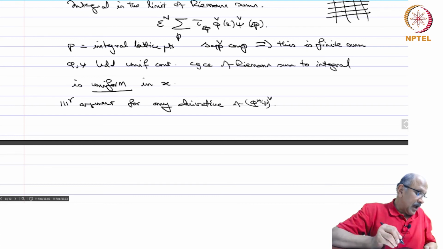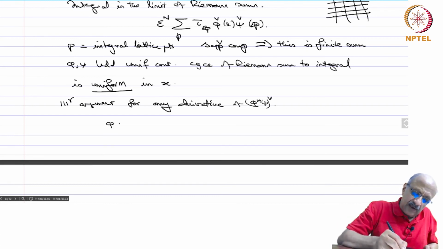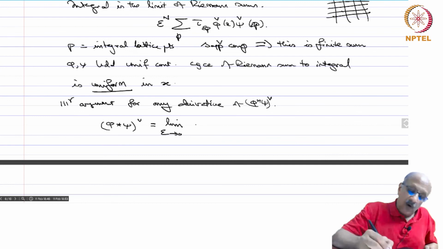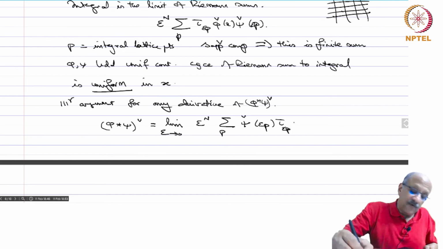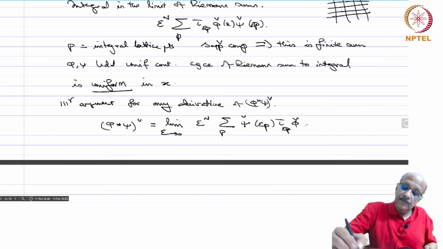Therefore, phi star psi chesh is the limit as epsilon goes to 0 of epsilon power n, the summation over all lattice points p, which is only a finite sum, of psi chesh of epsilon p times tau of epsilon p of phi chesh, in D of R.